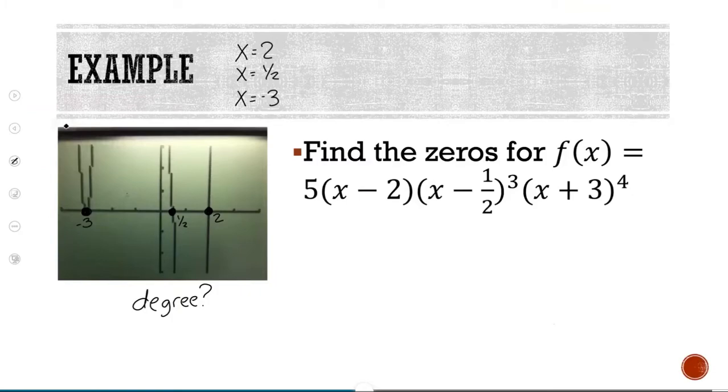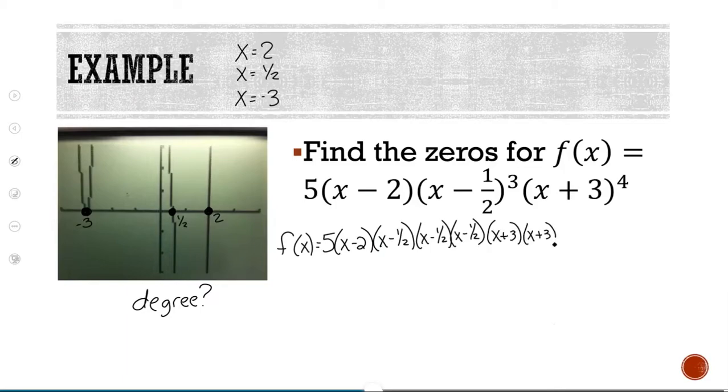That means that there is 3 of those. So this function really looks like this. And then the x plus 3 to the 4th means that there's 4 of those. Okay, so that is like fully expanded.